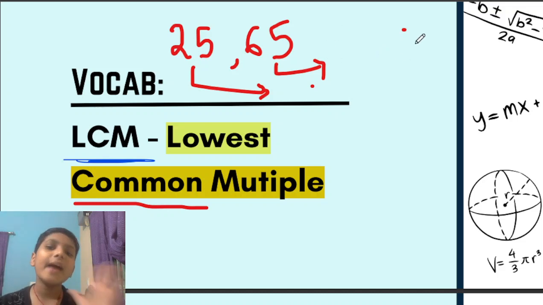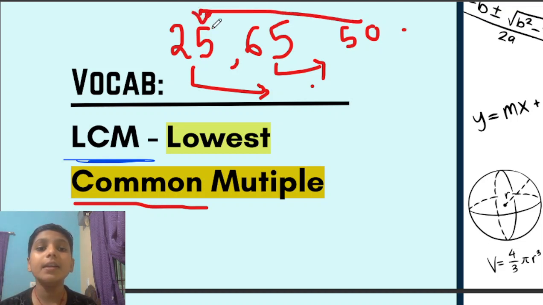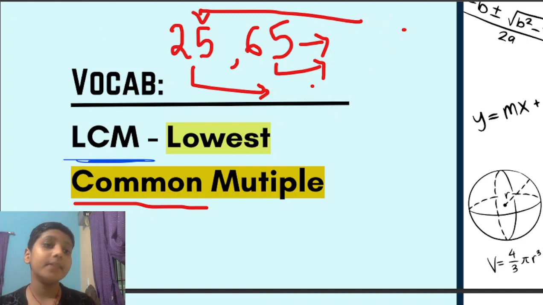Like for example, this is not actually correct, but let me say we have the number 50. Suppose 50 is there in the multiples of 25 and 50 is also there in the multiples of 65. So in that case 50 is the common multiple. We can also understand this using the variable x.